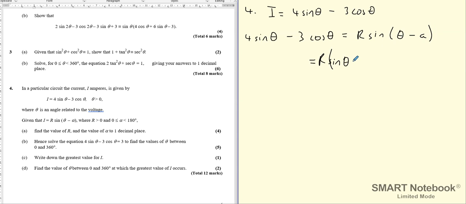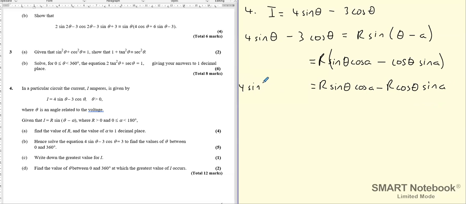So sine theta cos alpha minus cos theta sine alpha. And if I expand r into that, I get r sine theta cos alpha minus r cos theta sine alpha. And that obviously is equal to 4 sine theta minus 3 cos theta.